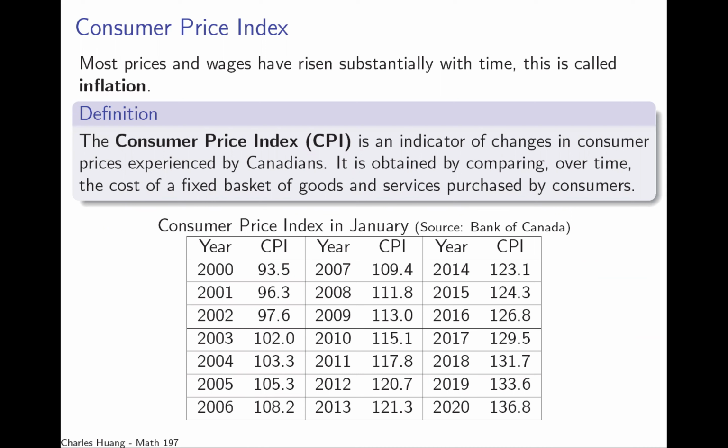The consumer price index, the CPI, is the index number calculated by finding out the cost of a whole bunch of goods and services, including food, transportation costs, living costs, including the cost to buy, say, a shirt to wear, that kind of thing. And you can see that the consumer price index has gradually increased over time. Things have gotten more and more expensive over time.